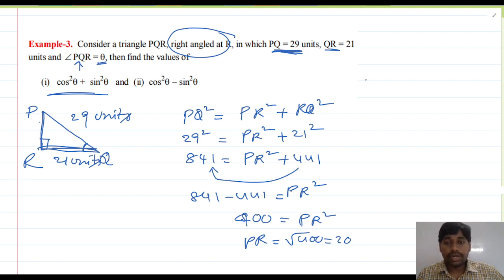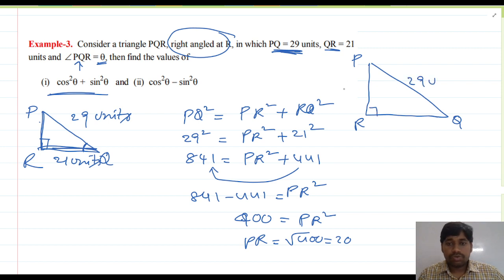Okay. So we got that triangle clearly with three different sides: P, Q, and this is R. 29 units, 20 units, 21 units. The first question they asked is cos square theta plus sin square theta, how much?